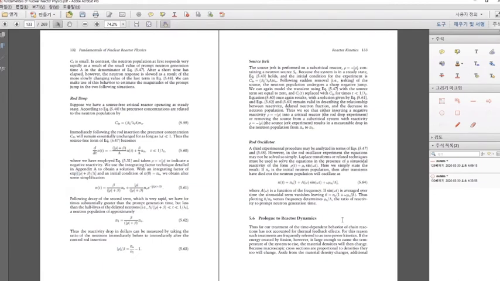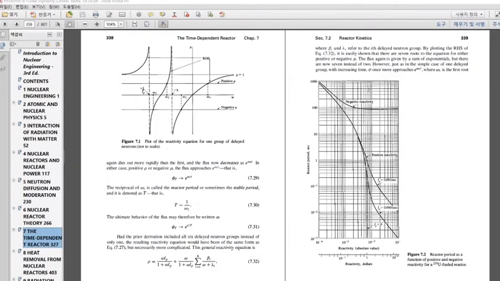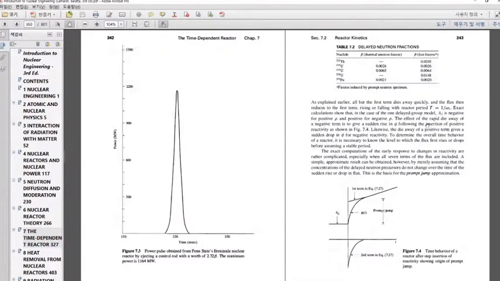There's one more thing that I would like to add from Lamarche's Introduction to Nuclear Engineering. We have seen this curve. Here we have an example of a power pulse.